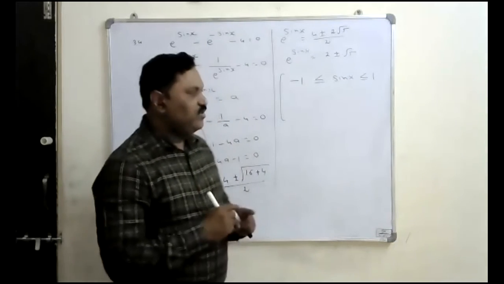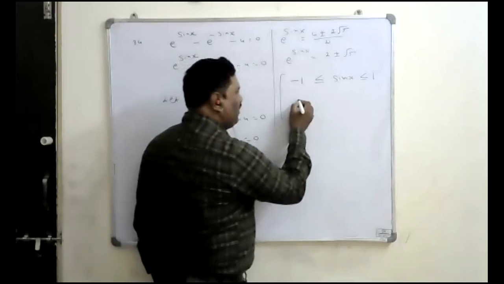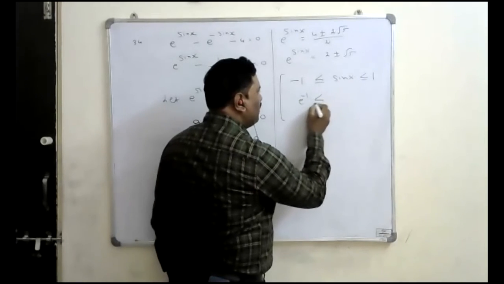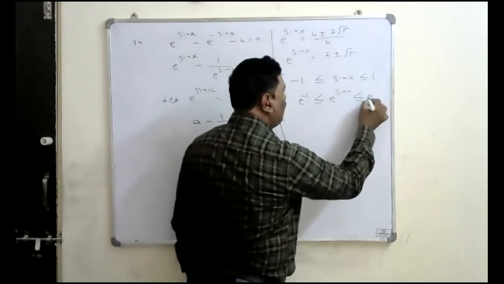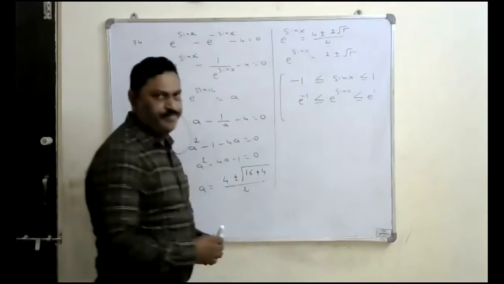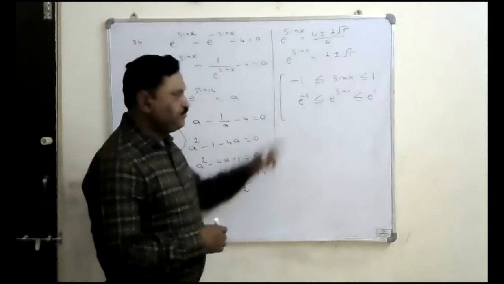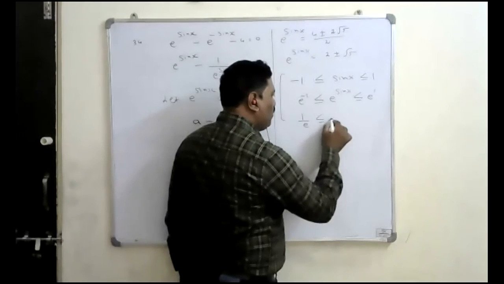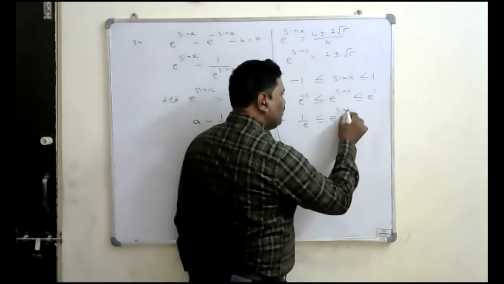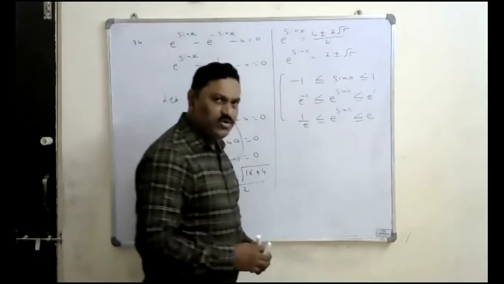Okay. Now we will apply e power on both the sides. To apply the e power, then it is e power minus 1 less than or equal to e power sin x less than or equal to e power 1. Understand? So e power minus 1 means you can write 1 by e now. 1 by e less than or equal to e power sin x less than or equal to e. Right? e बोले तो क्या है?